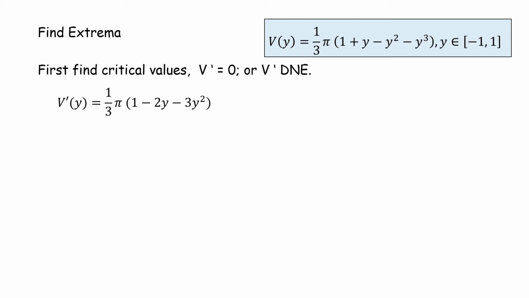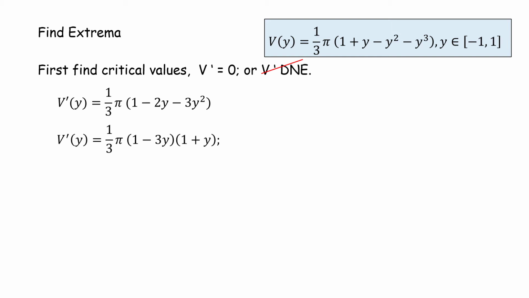The derivative of negative y squared is negative 2y, and the derivative of negative y cubed gives us negative 3y squared. We're going to factor that quadratic into two binomials, and that will give 1/3 pi times the quantity 1 minus 3y and the quantity 1 plus y. Notice that this is a polynomial, so there is no place for which the derivative will not exist.